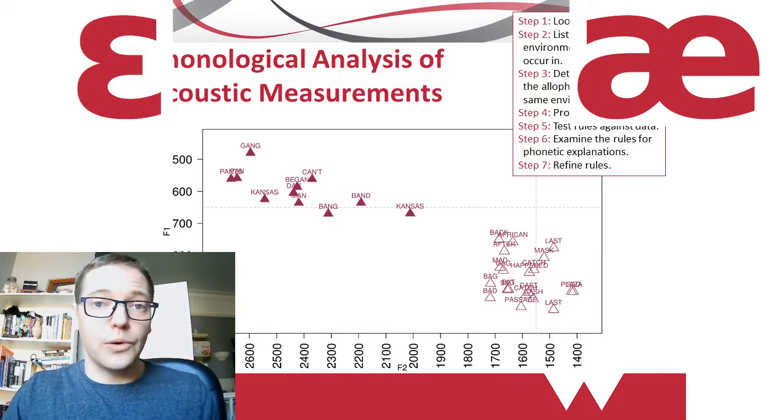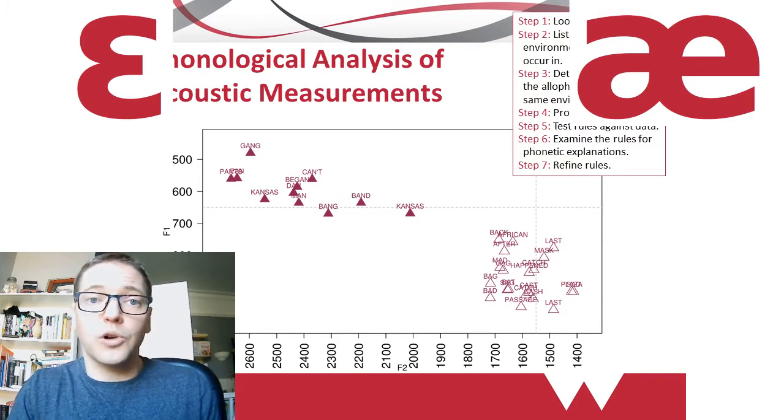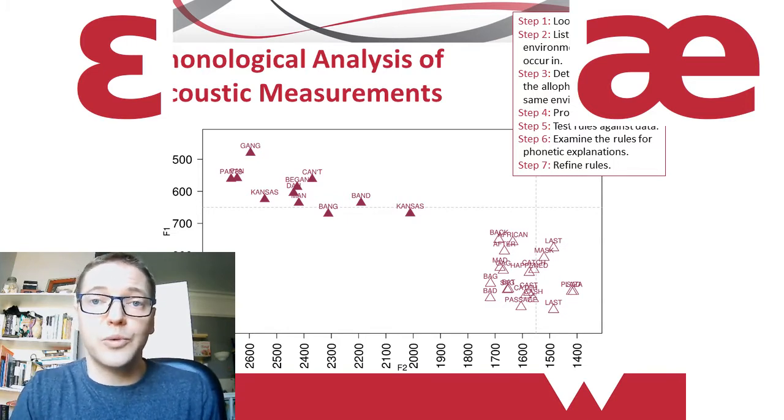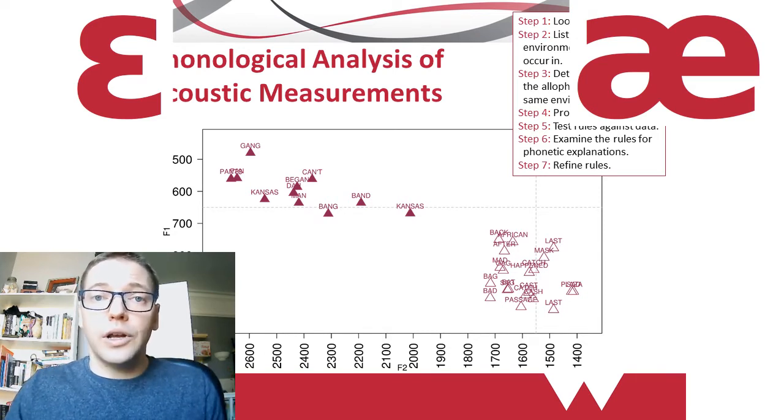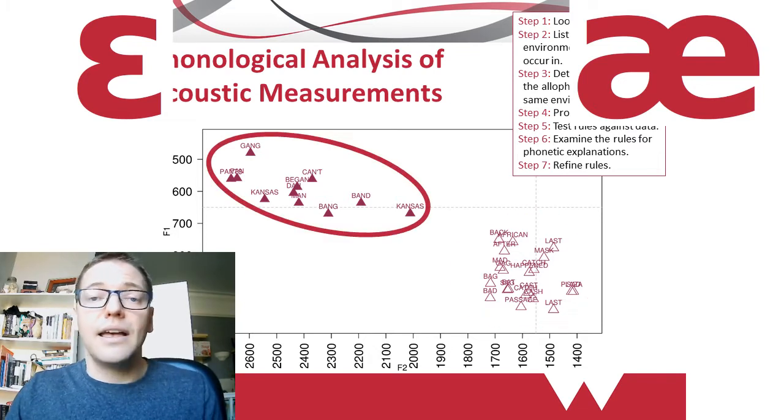You would then go through the steps of phonological analysis. Step 1, you would look for minimal pairs. There are no minimal pairs where words differ just on the basis of a contrast between "ah" and "eh," so you would go to step 2. You would make a column for "ah" and another column for "eh," and then you'd list the phonetic environments that each allophone occurs in.